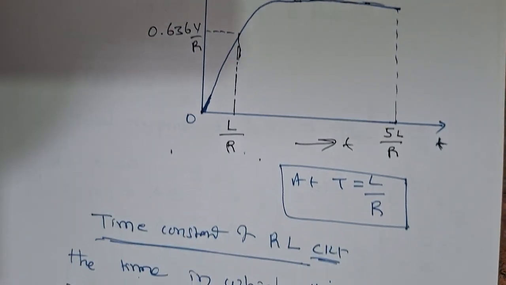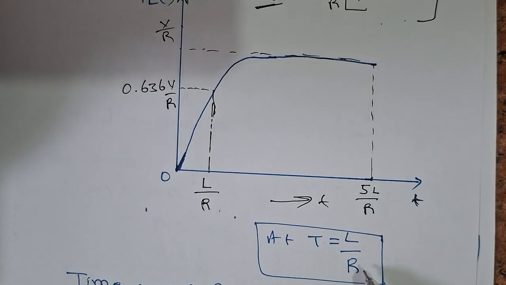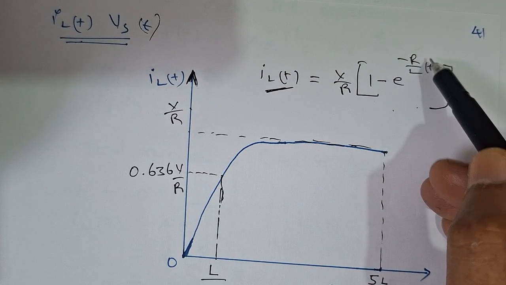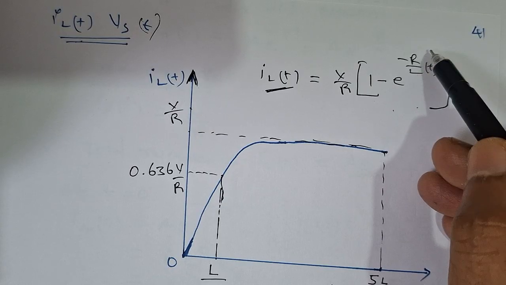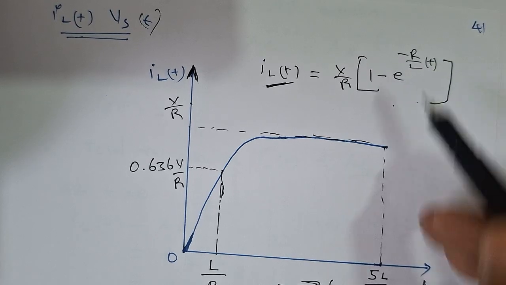So simply we can say that when we put t is equal to L by R, then L by R, nothing but numerator L and denominator R, cancel.